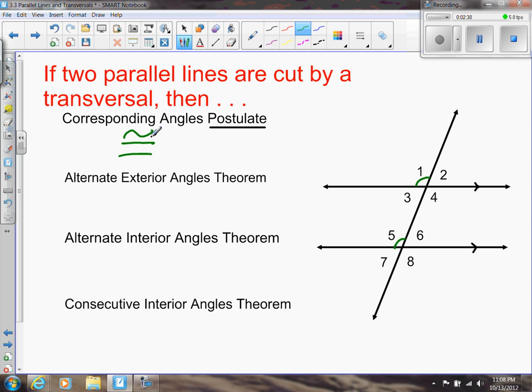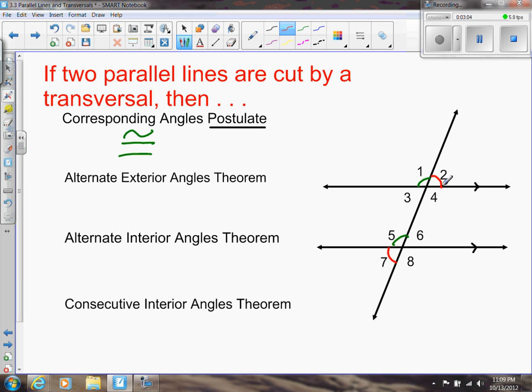Okay, and then I'm going to erase here. So then we have, leave that. Those are corresponding angles. Now the alternate exterior angles, 2 and 7, for example, are alternate exterior angles.